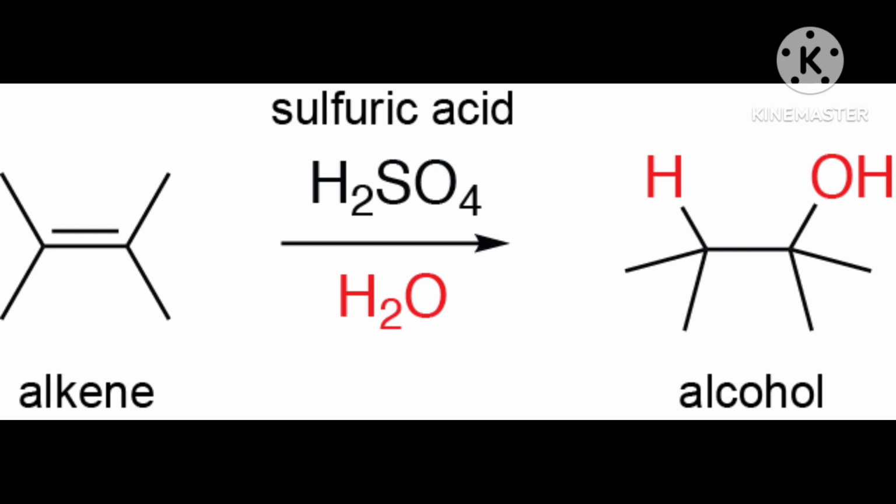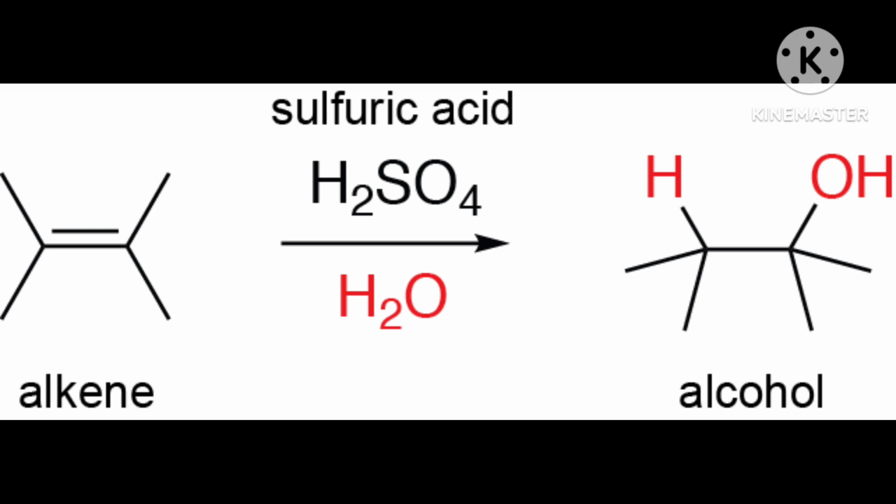Now the next reaction. I am telling you about the oxidation of alkene. Alkene on reaction with a cold dilute aqueous solution of potassium permanganate, KMnO4, that is called Baeyer's reagent.